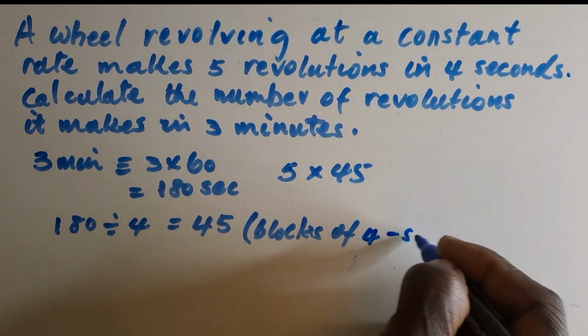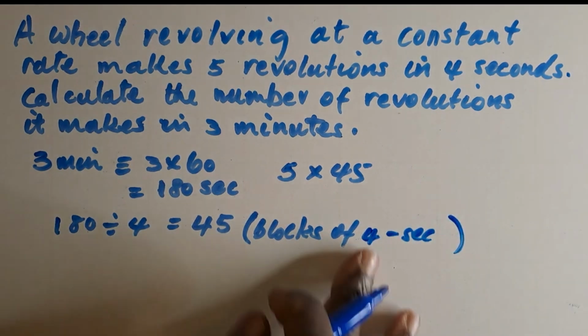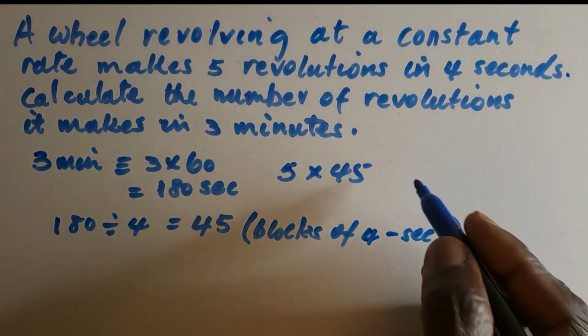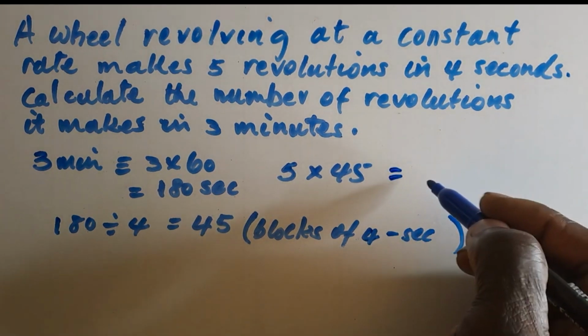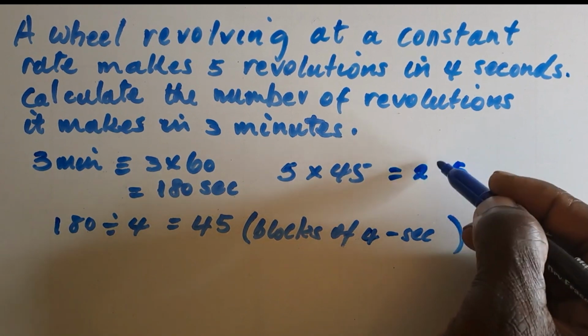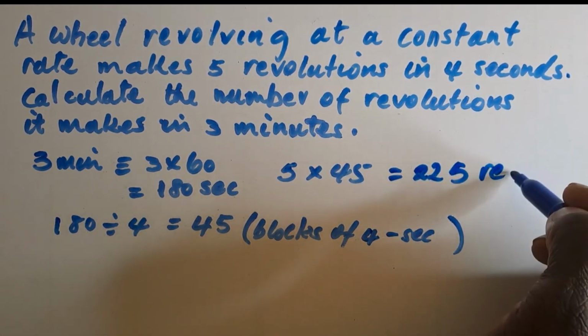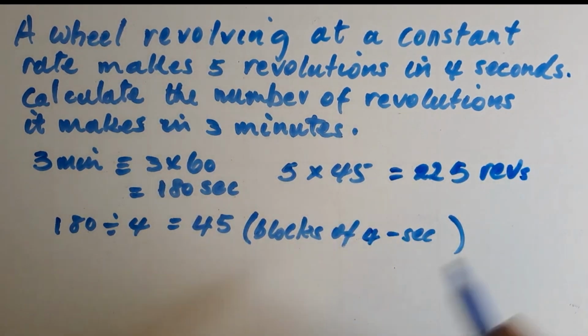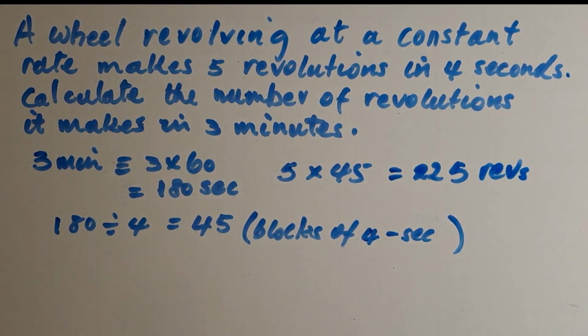Right, so we have 45 of them, and for each one of those blocks, there are 5 revolutions. So it's 5 times 45, which gives us 225. We call that revs, which is the same as, or abbreviation for revolutions.